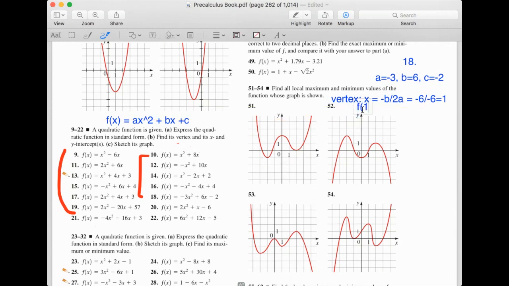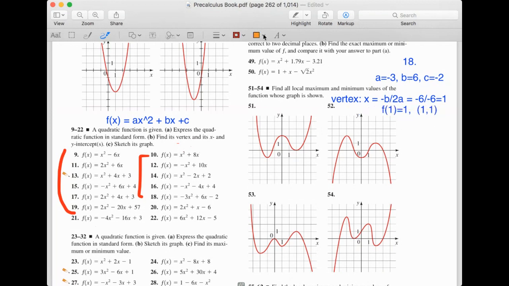So plug into the function: x squared is 1, x is 1, we just have -3 plus 6 minus 2. -3, -2, -5 plus 6, that's 1. So our vertex is (1, 1). X value is 1, y value is 1, function value is 1.